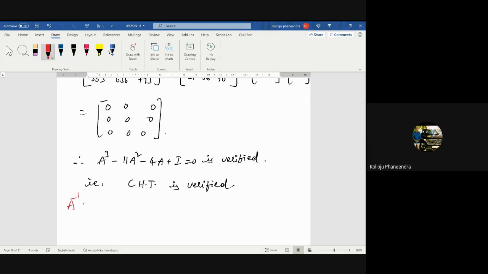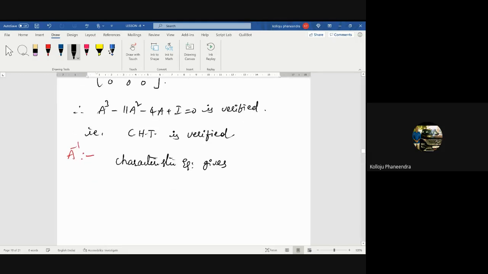To find A inverse, what is the characteristic equation? The characteristic equation gives A cube minus 11A square minus 4A plus I equal to 0. Isn't it right?